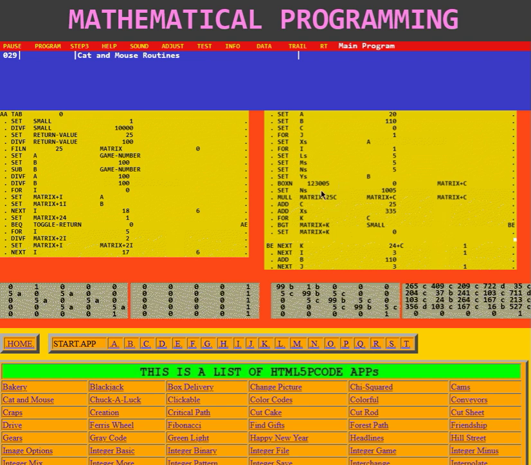Then it sets NS to 1005. That indicates that this is a square matrix, 5 rows and 5 columns.